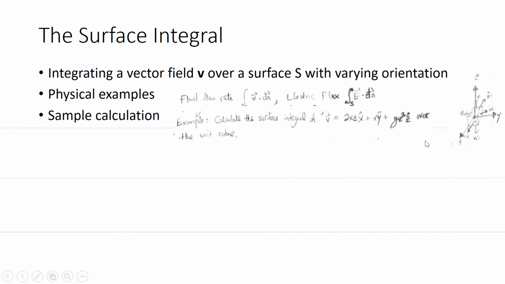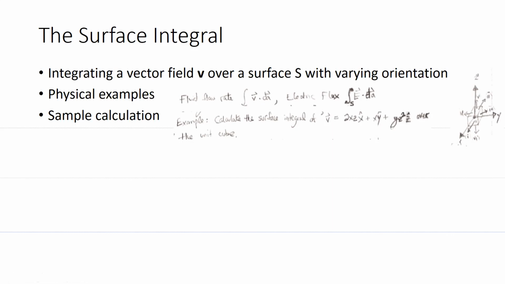Here is a picture of the unit cube, centered on the origin, and I've indicated the faces. 1 is the front face, 2 is the back face, 3 is the right face, 4 is the left face, 5 the top face, and 6 is the bottom face.